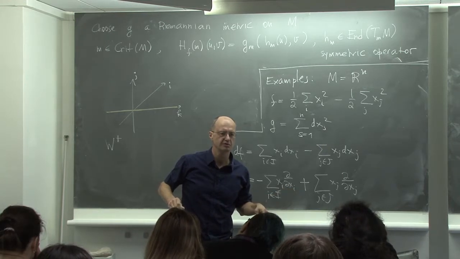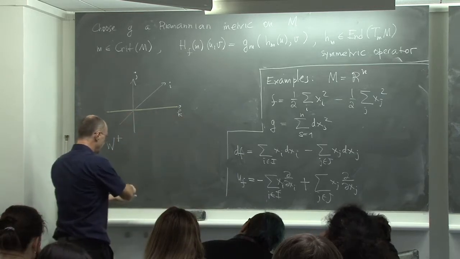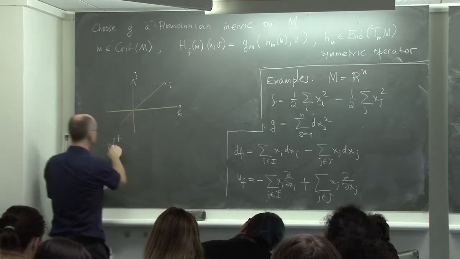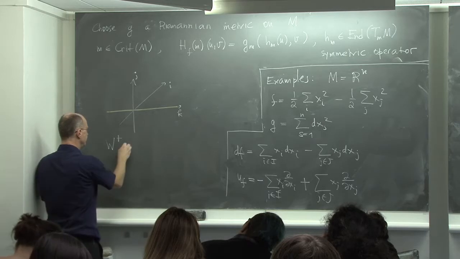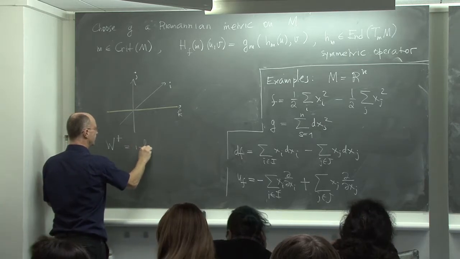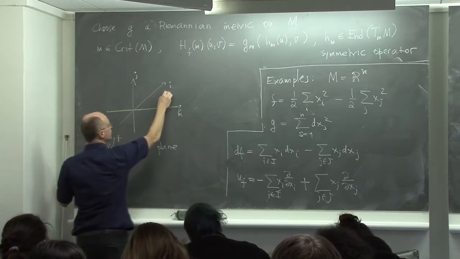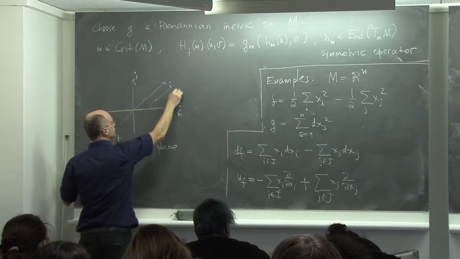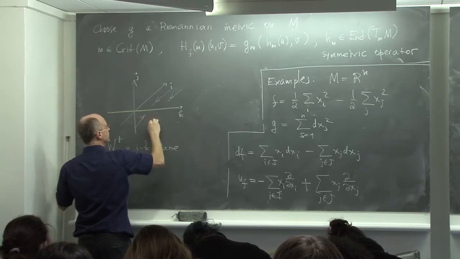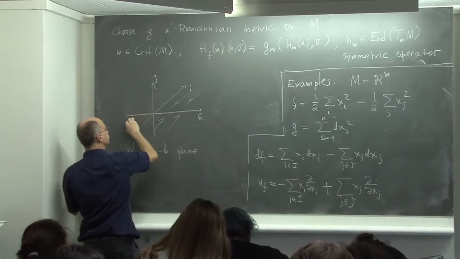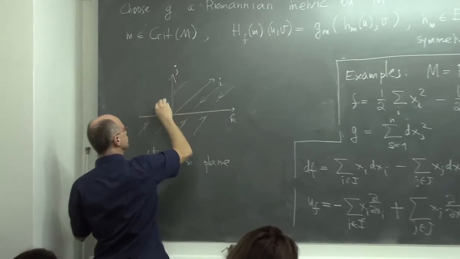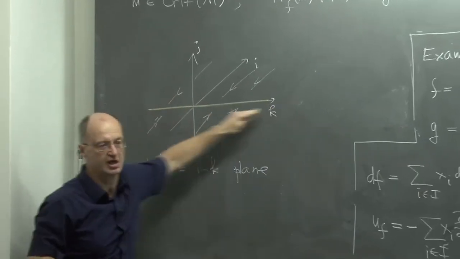Okay, good. So this means that this W plus will be the IK plane, where the trajectories are falling on this K line.